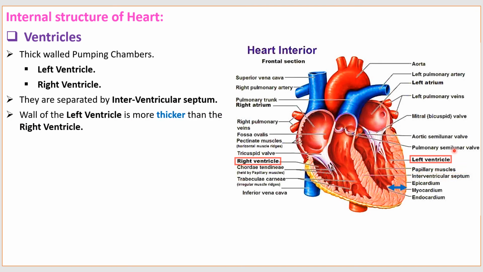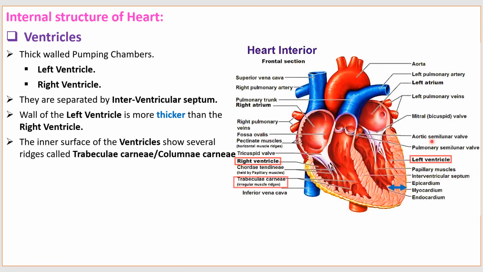The wall of the left ventricle is thicker than the wall of the right ventricle. The inner surface of the ventricles shows several ridges called trabeculae carneae or columnae carneae.